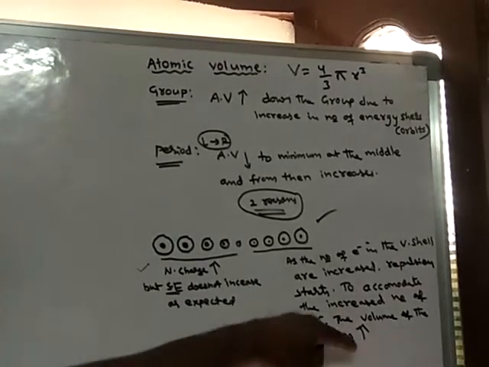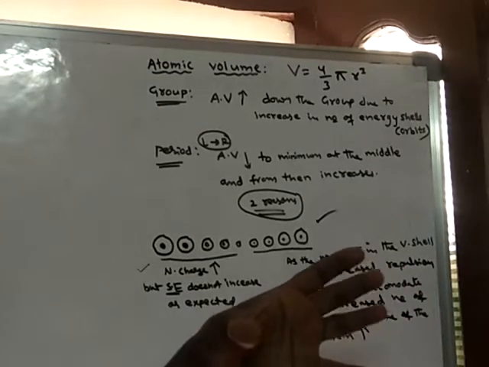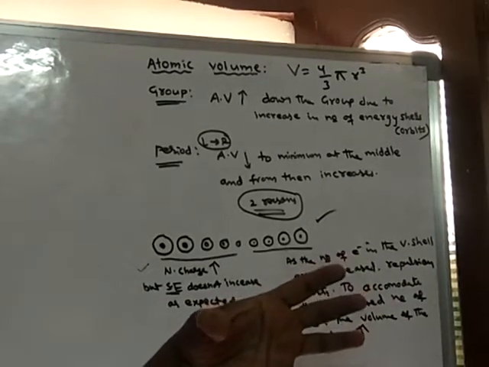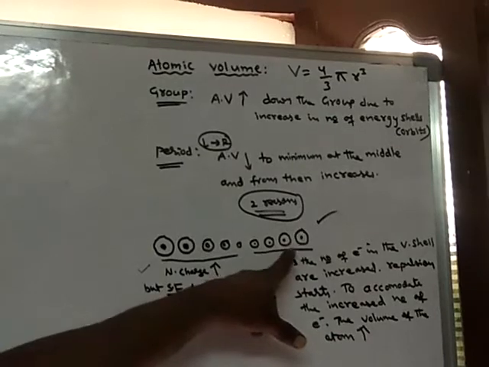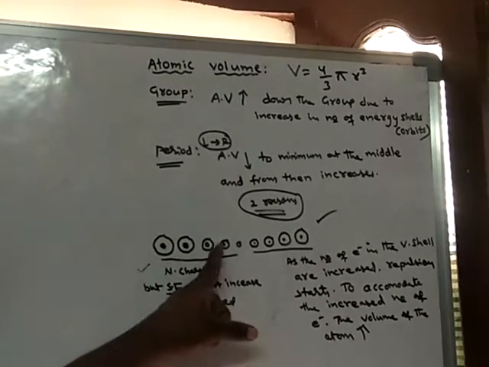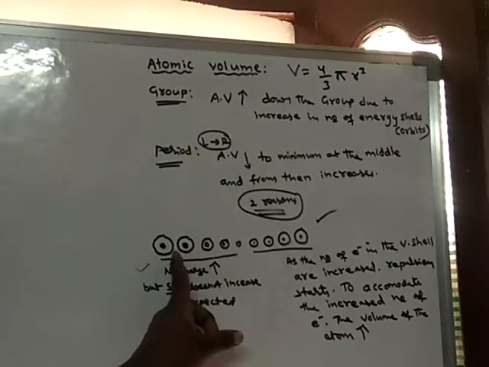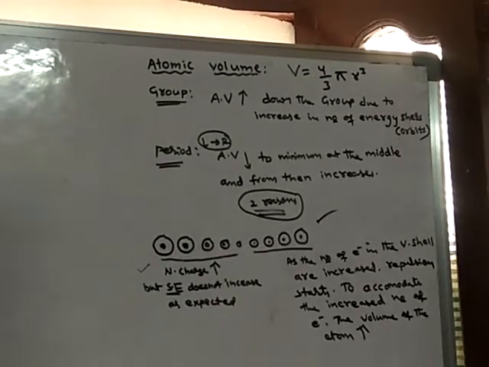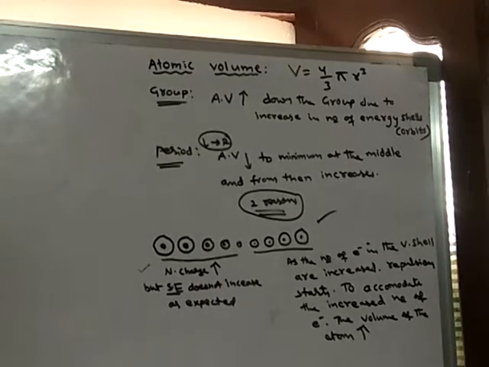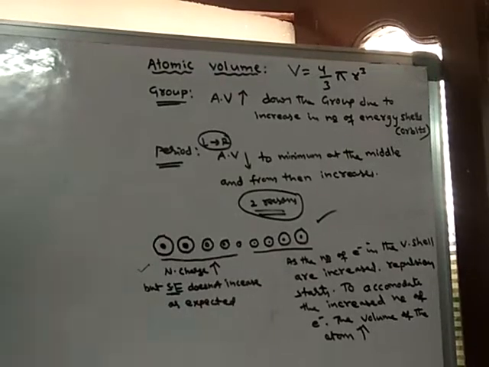So to accommodate all these electrons, if there is an increase in volume of the atom, then the newly added electron can be accommodated. Because as we move from left to right, one electron is added from one atom to another atom. To accommodate that electron, the size of the atom should increase.